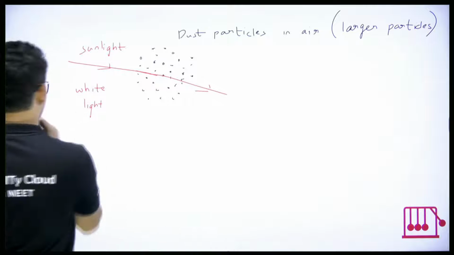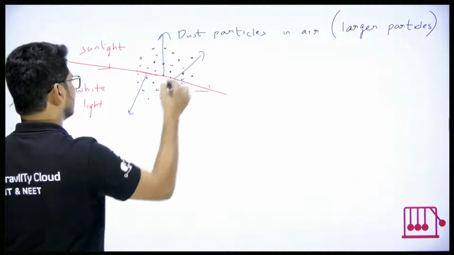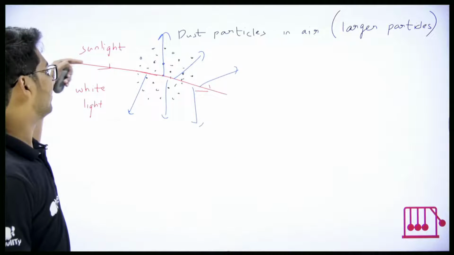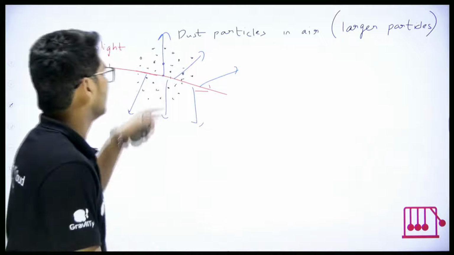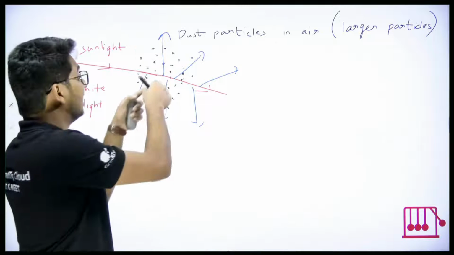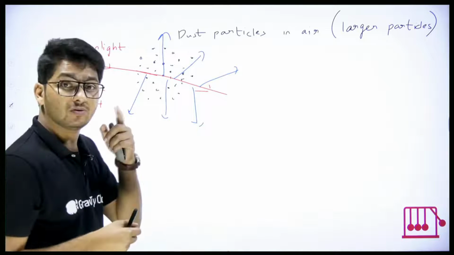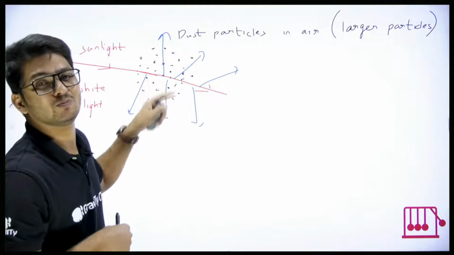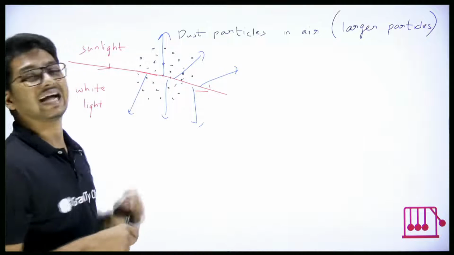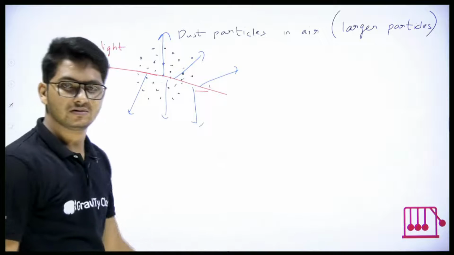So you can see all the colors of light are scattered equally in every direction. From this dot, light will be scattered in every direction. It will also come to us, and when it comes to us, we see that light is coming to us, that means there is something there. So light is scattered along the path in which light travels.